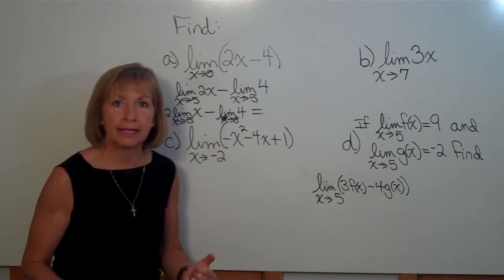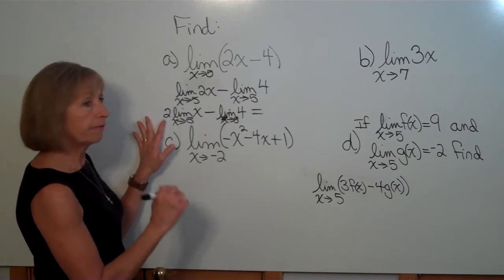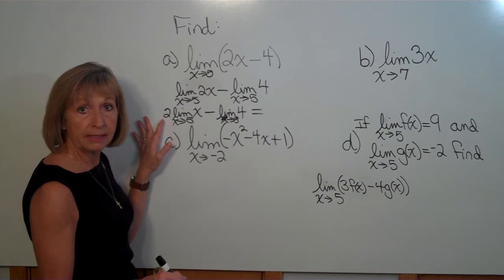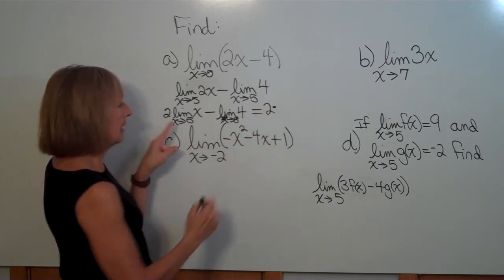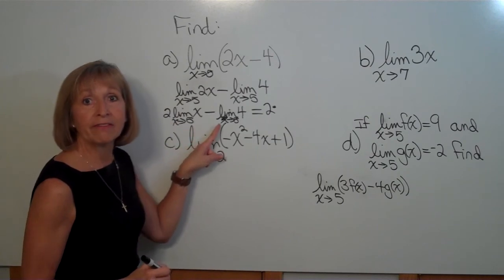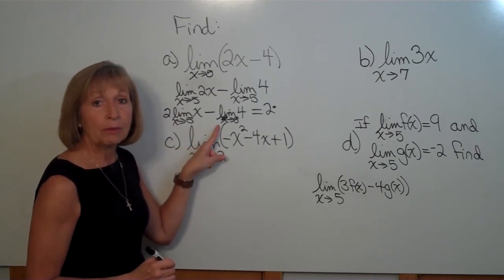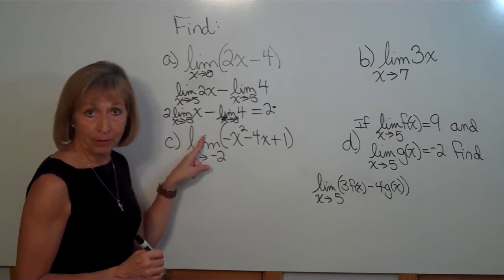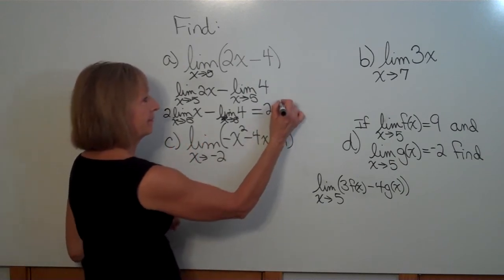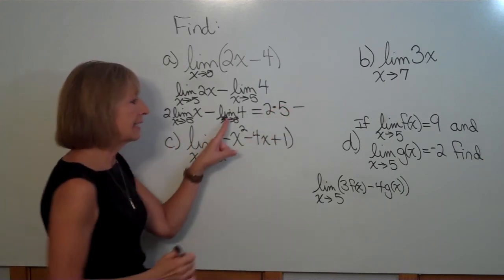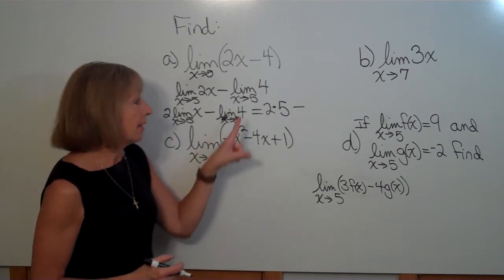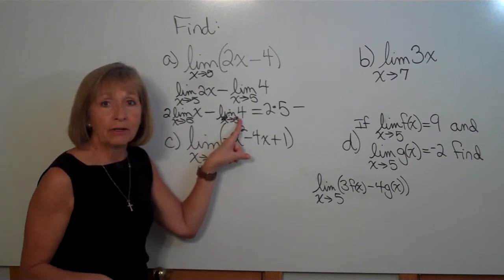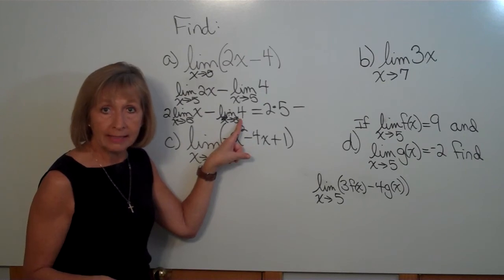Now that I've gotten these down to using my properties to be able to apply my original few limits that I know, I'm going to evaluate those limits, and then plug them in. So I have 2 times the limit as x approaches 5 of x. Remember, that's just going to be whatever you're approaching, so that's 5. Minus the limit as x approaches 5 of 4. That value is not the variable of the limiting process.